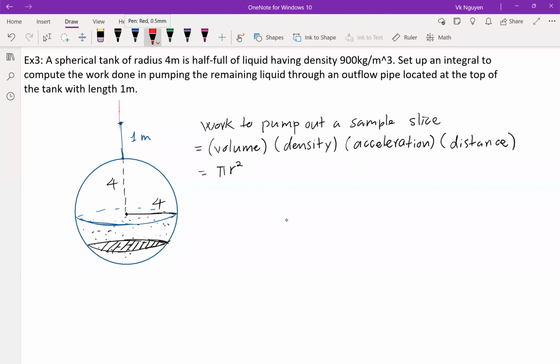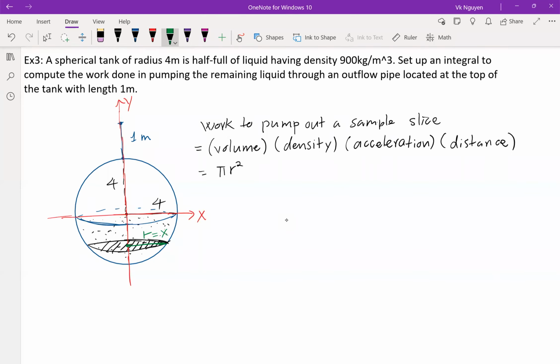I'm going to make this the y-axis right here, and this would be the x-axis. So this is the radius r, and the radius r is exactly x.